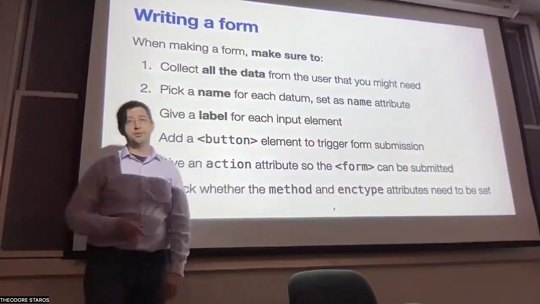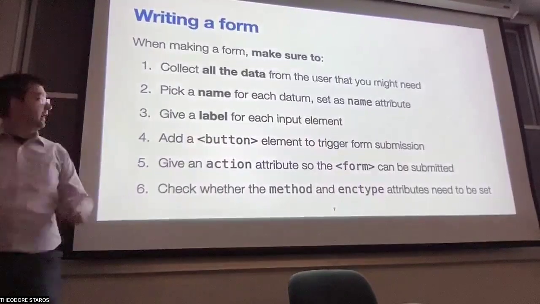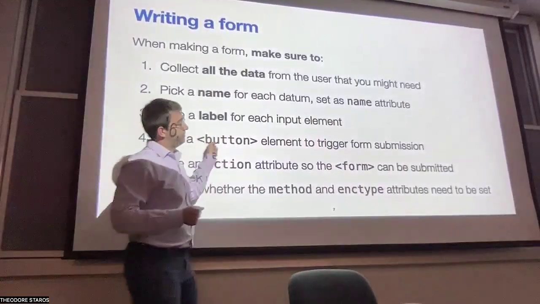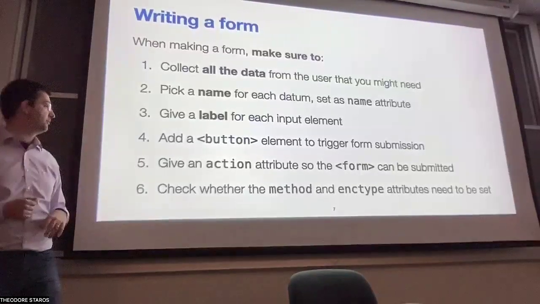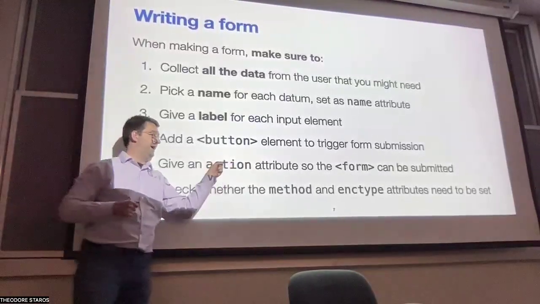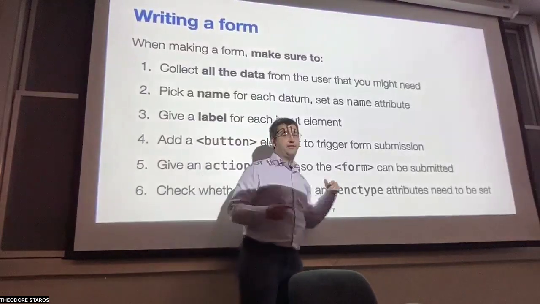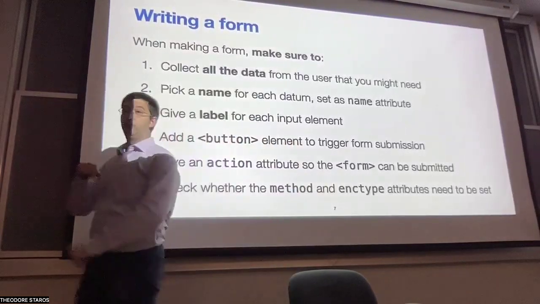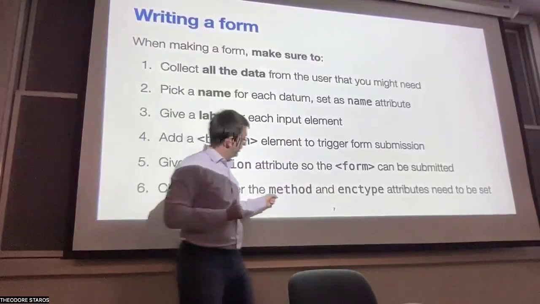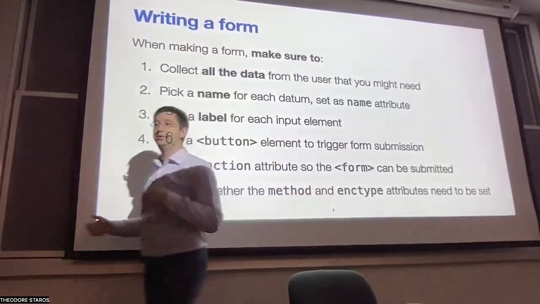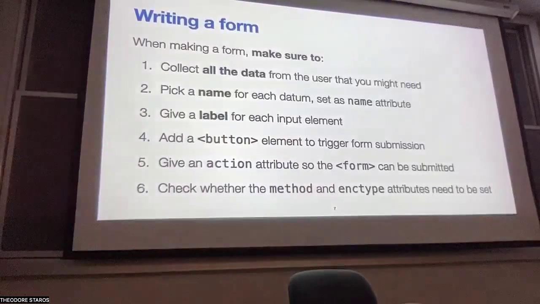You should also probably put a label so the user knows what's in it. And then at the bottom of the form, there also has to be a button, and the user is going to click on that button when they're done filling in the form. Then that form has an action attribute, and that tells you the URL to which that data will be sent. And then the last thing you think about is, do you need the method attribute? Do you want a GET or a POST submission?